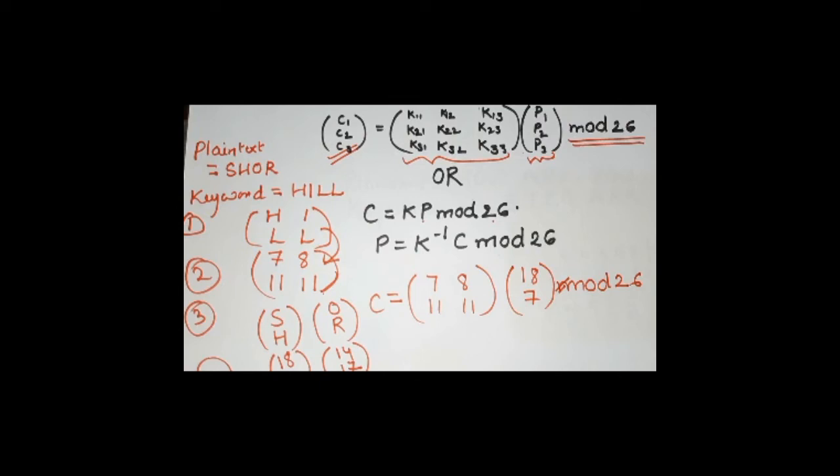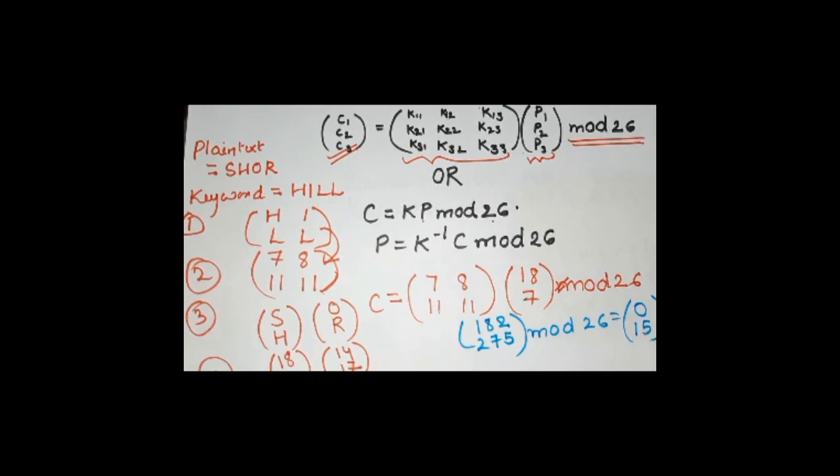ciphertext. If you multiply these two matrices, you will be getting the value as 182 and 275, and then performing mod 26. Mod 26 is 182 divided by 26. What remainder do you get? You get 0 as remainder, and then when you divide 275 by 26, you get 15 as remainder.